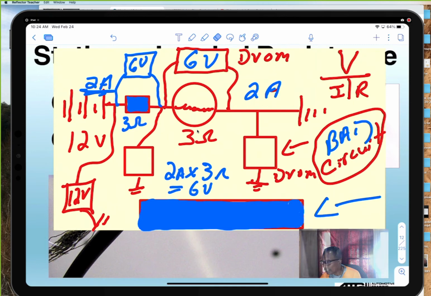And that's what's taking up the 6 volts. That's what's taking up the other 6 volts when it's supposed to be 12 in the bulb.